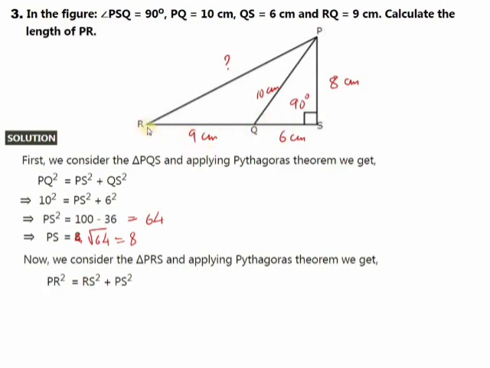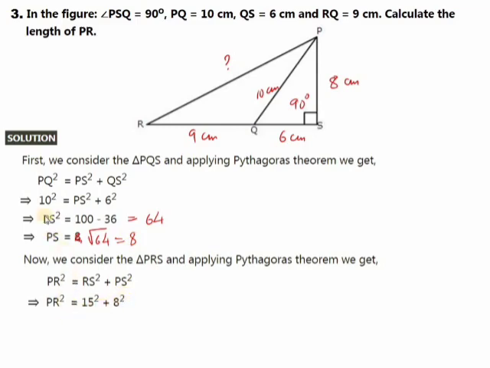Now RS is this entire thing. How much is RS? RS is RQ plus QS, which is 9 plus 6, that is 15. So in place of RS, I've written 15 square plus PS square. PS you just found to be 8, so it becomes 8 square.